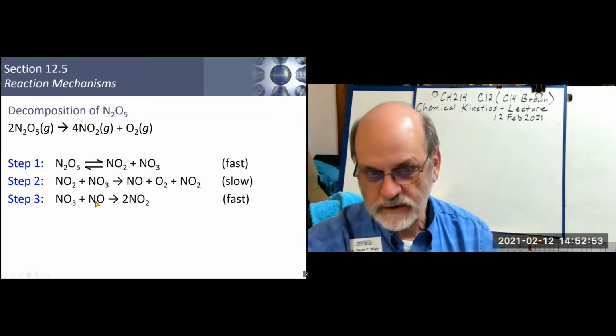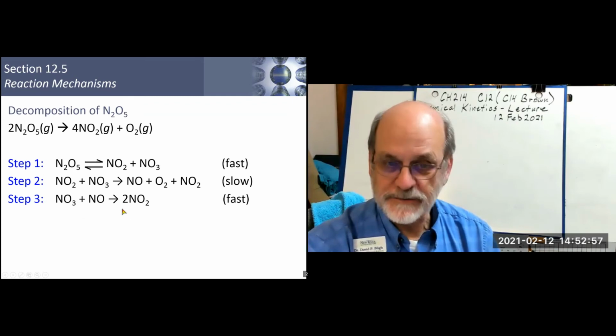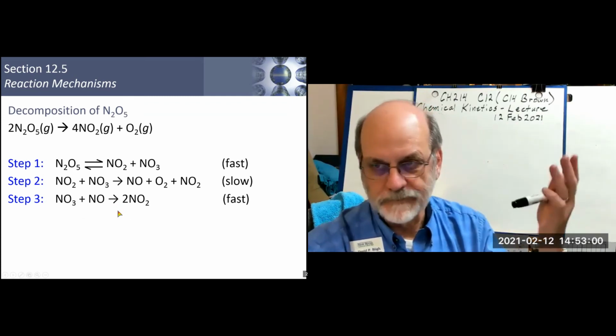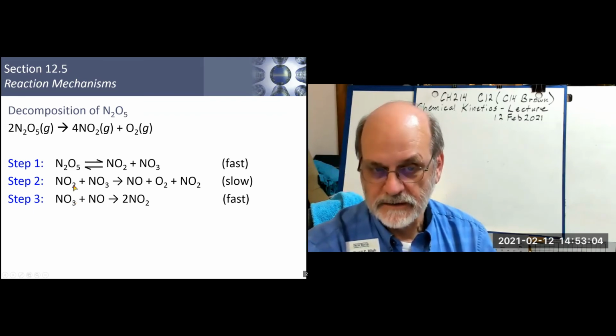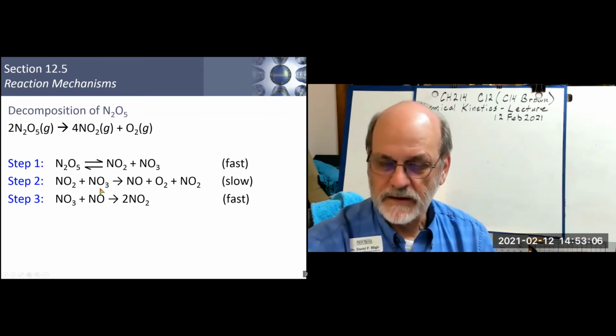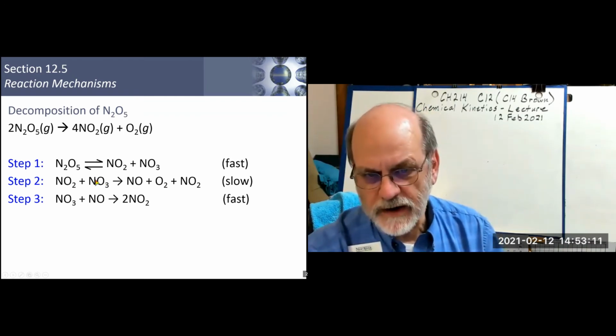Now, why is this one? This one's bimolecular too, NO3 plus NO, but it's fast, right? Who knows? Maybe it takes less energy to make this reaction go. It takes more energy to make that one go. So it's slower. But this is the rate determining step right here.